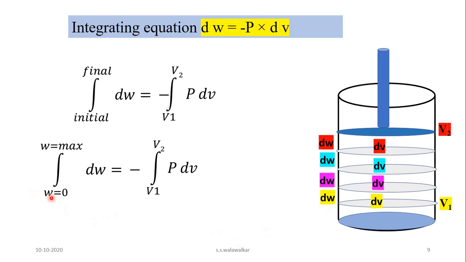Therefore, integration of dw between limits w equal to 0 to w maximum, total work is maximum. So w maximum is equal to minus integration of p dv between limits V1 to V2.